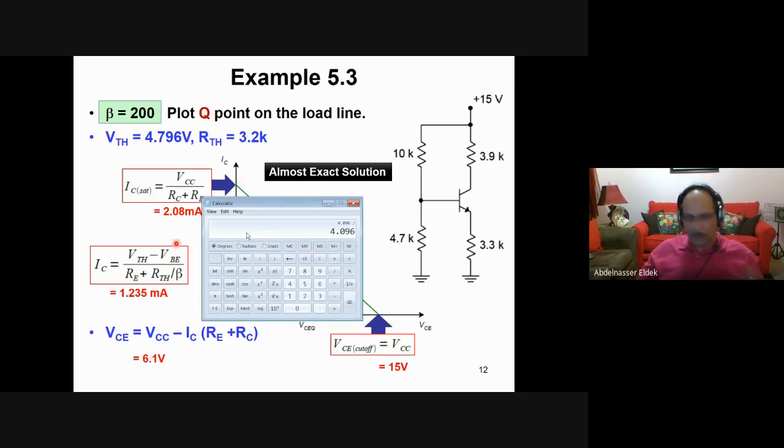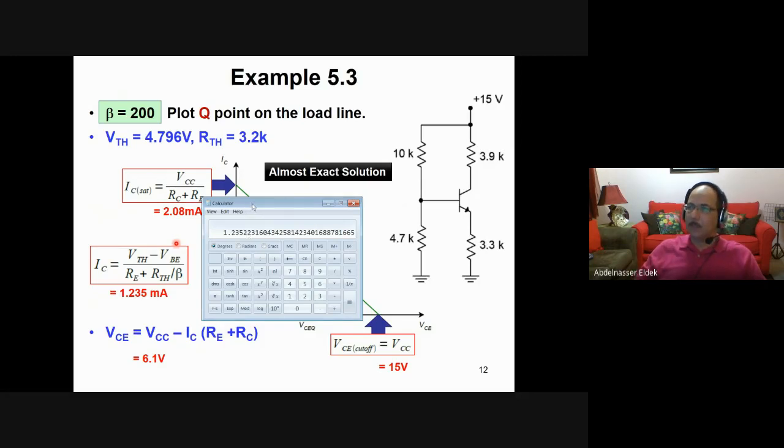You divide it by, you open bracket because you have different items here, RE equal 3.3K plus R7 which is 3.2K, and you divide it by beta, which is 200, and you close the bracket, and then it equals 1.235 milliampere. Then this is the current IC.